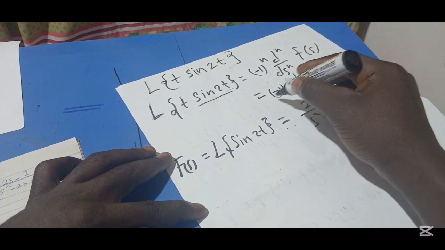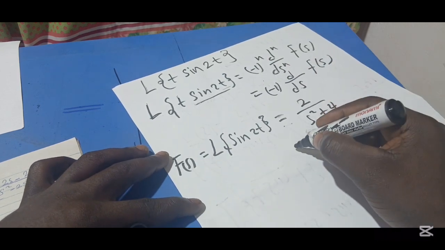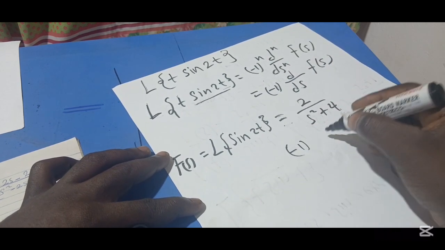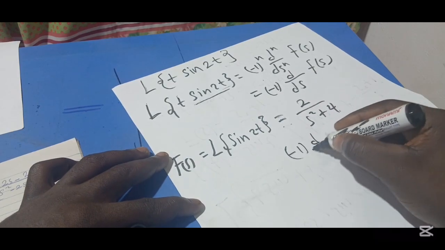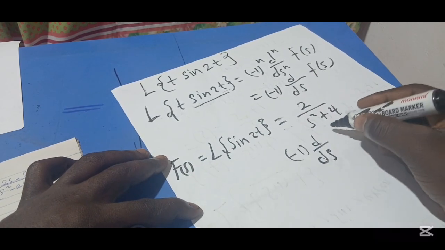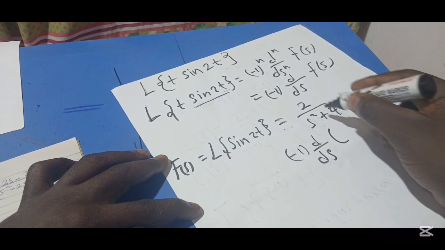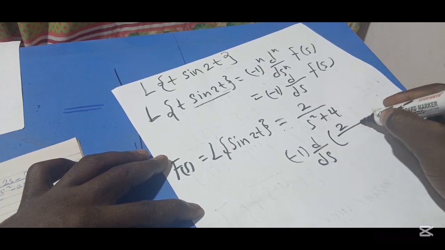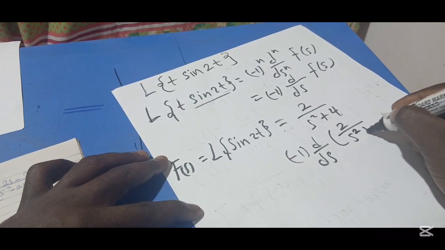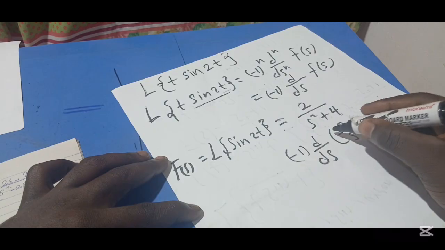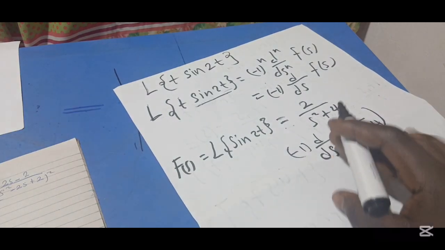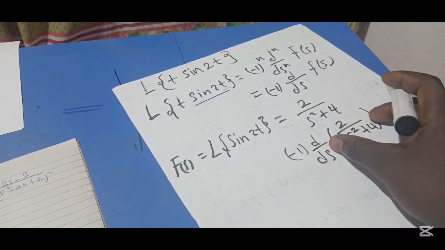So we can go ahead and substitute it into our expression: d over ds of 2 over s squared plus 4. And I told you that this means we are going to differentiate this one.